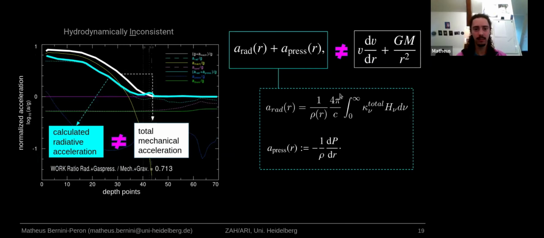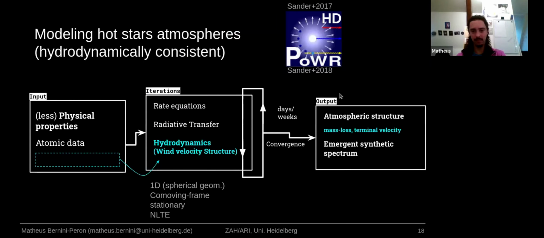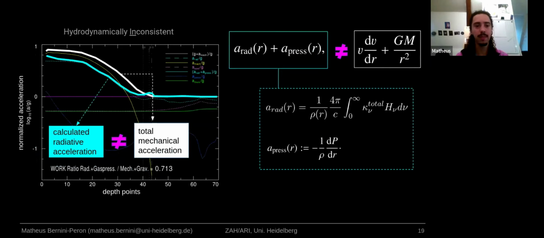Yeah. So this is the workflow of the framework that we are using, and I'm showing this more in practice. What does it really mean to be a self-consistent solution in terms of the hydrodynamics?